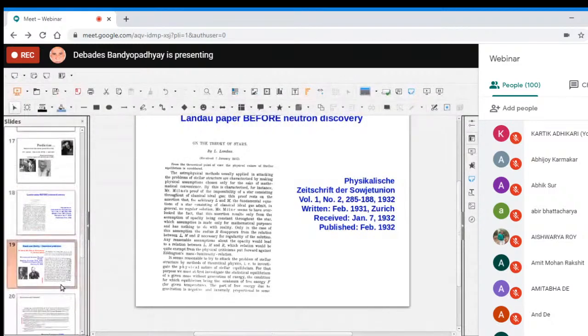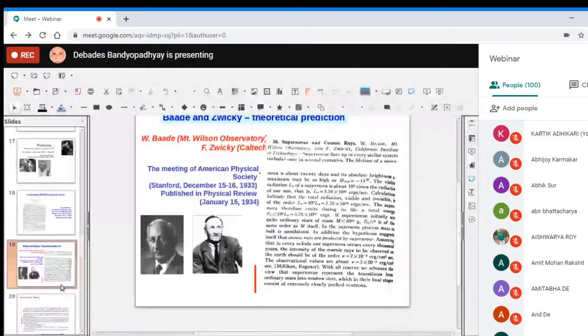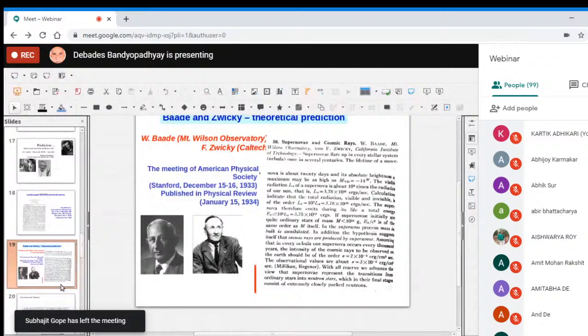And the other two astronomers, in 1932 in a meeting in Stanford, Baade and Zwicky said, I just read this last sentence: With all reserve, we advance the view that supernova represents the transition from ordinary star into neutron star, which in their final stages consist of extremely close-packed neutrons.